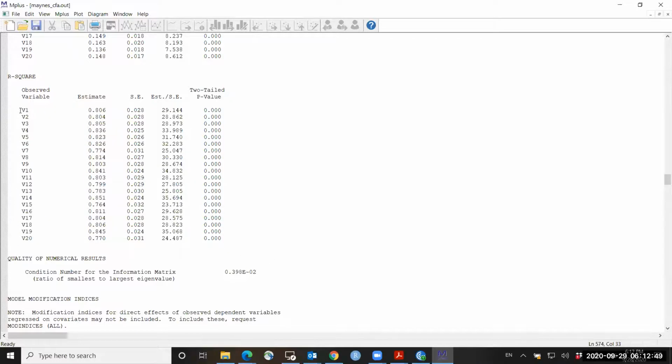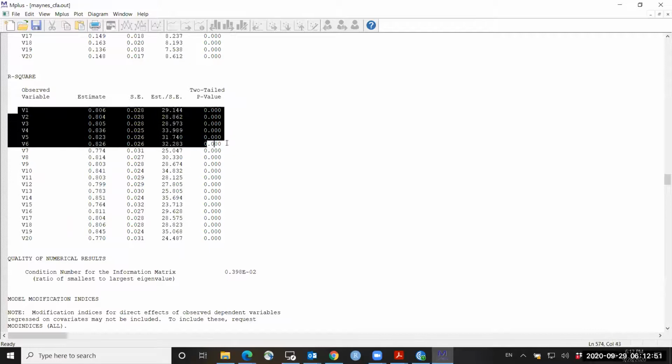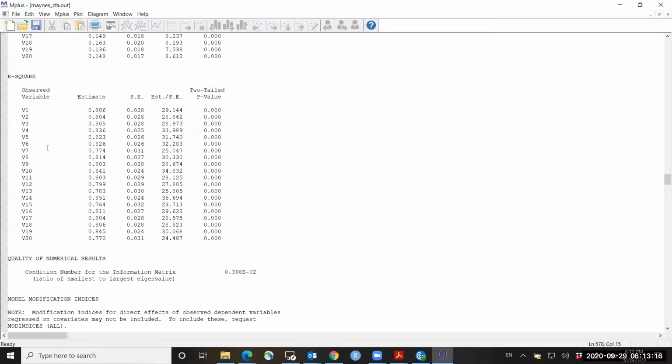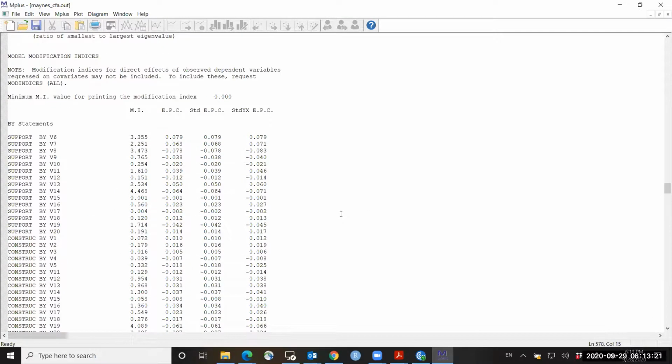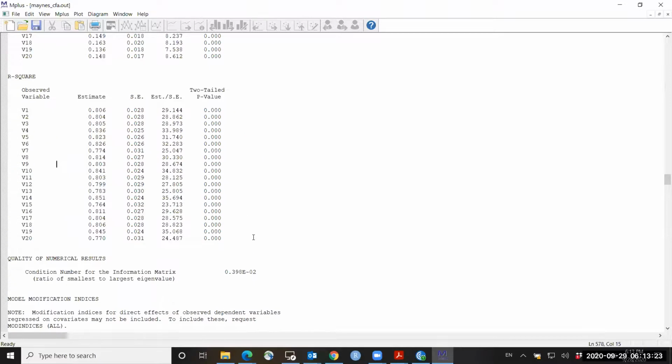So for example, we want the R squared of V1 to be on average at least 0.5, because the remaining is error. If it's not at least 0.5, it means that there is more error variance on average than variance explained by the factor. Now these are very high, so this is really good. Modification indices are here, but the fit is so good we don't need to look at them.